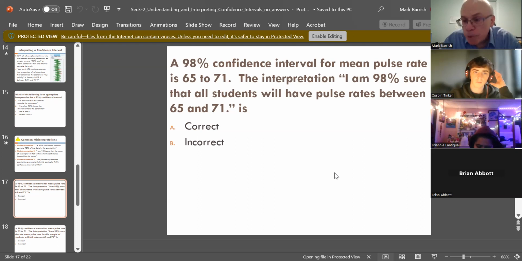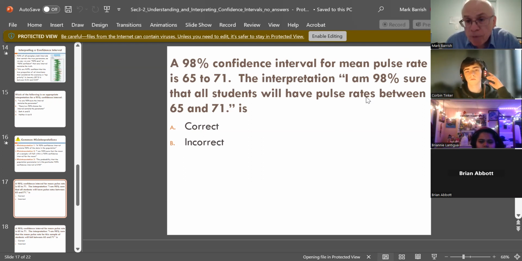Brianni, were you the one who said it was true? I forgot that the mean wasn't a part of the confidence interval. Well, actually, the interpretation is always about the population.